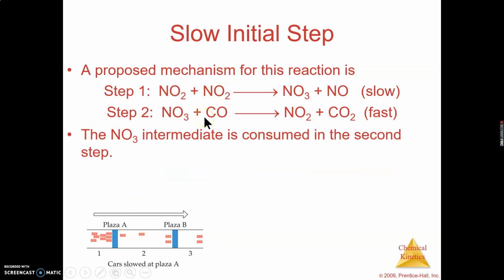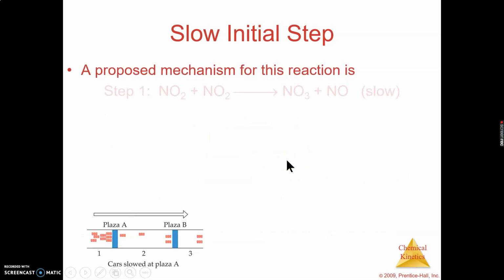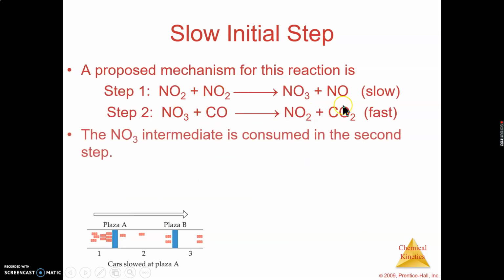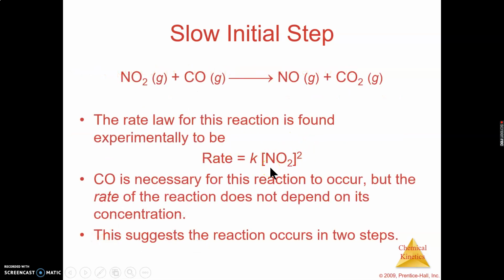And that is where we're getting this 2 from here. These are both elementary reactions. Step 1 occurs in one step, step 2 occurs in one step. So when the first step is the slow step, the rate law of that slow first step, rate equals k, concentration of NO2 squared, is the rate law for the overall reaction.